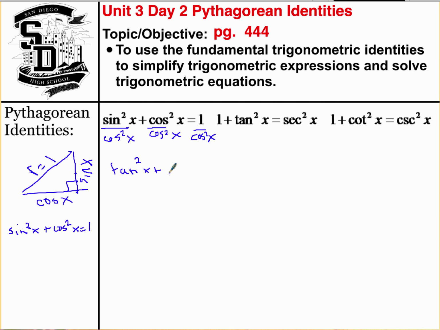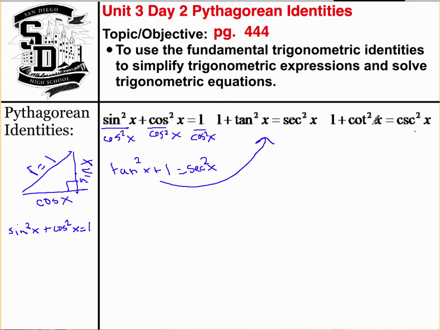Cosine squared divided by cosine squared is 1, and 1 divided by cosine squared is secant squared. Those are based on the reciprocal trig identities. And you could probably tell that that's this one right here.